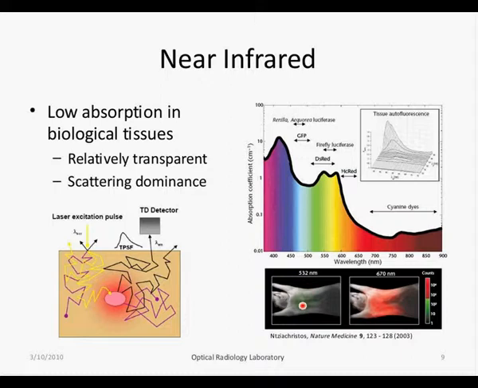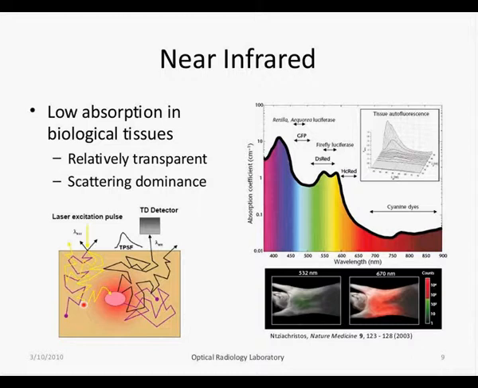As I mentioned earlier, the absorption of light is wavelength specific. So you may have heard of near-infrared imaging. Near-infrared light means the light in the range between, say, 700 and 900 nanometers that has the lowest absorption in most animal tissues.